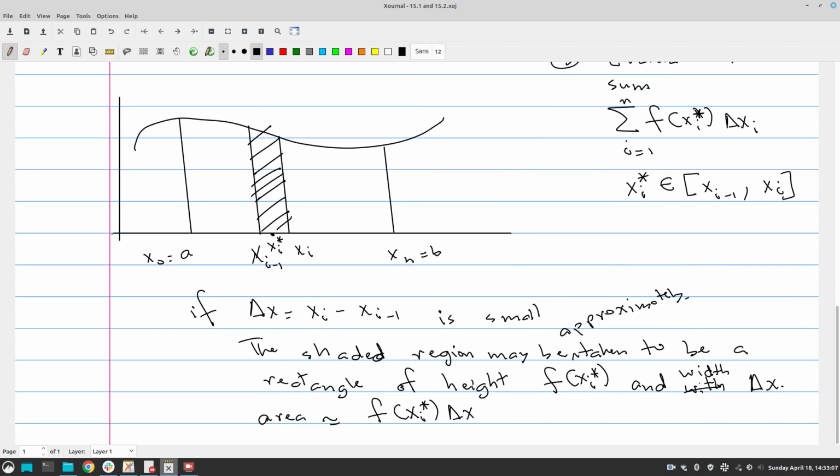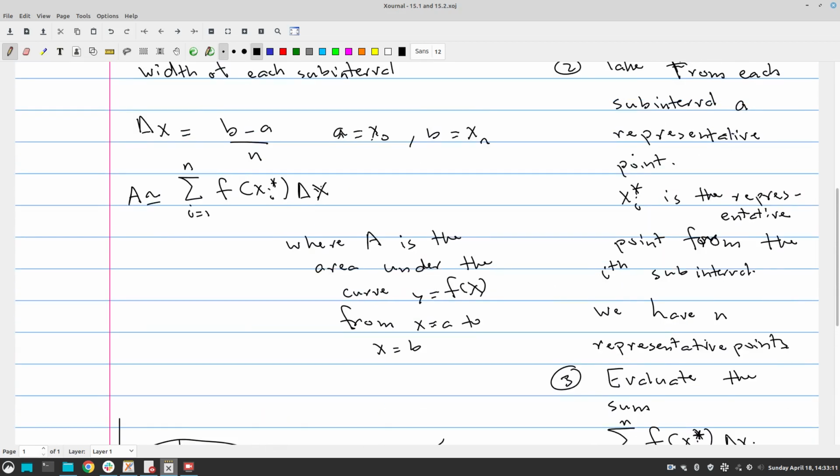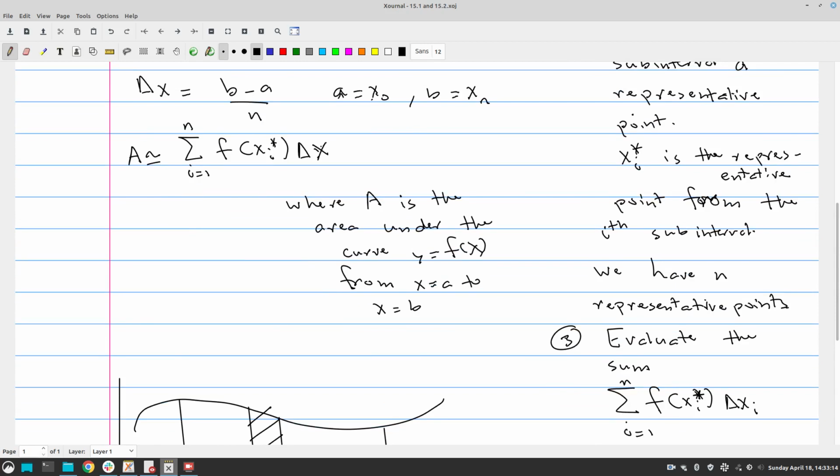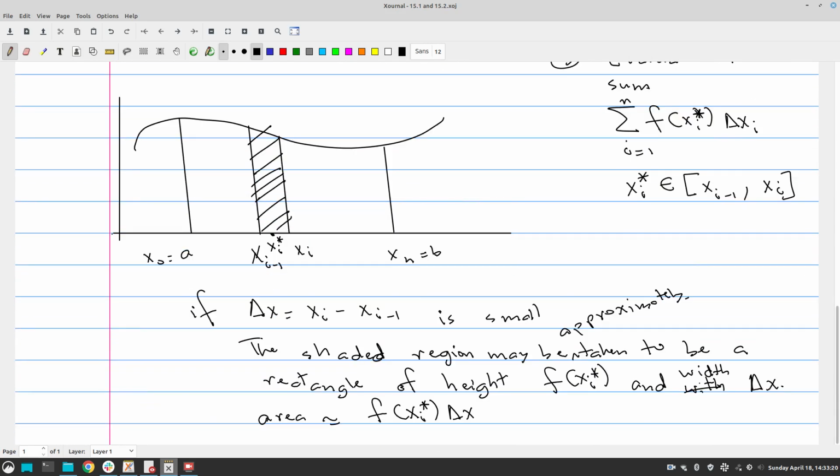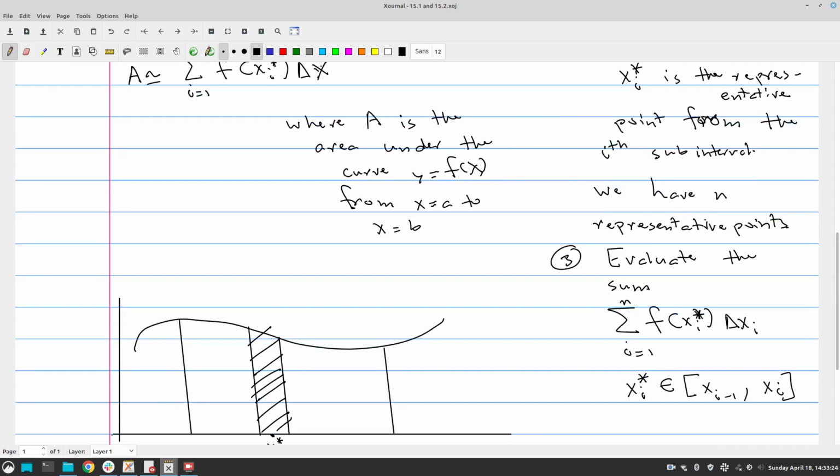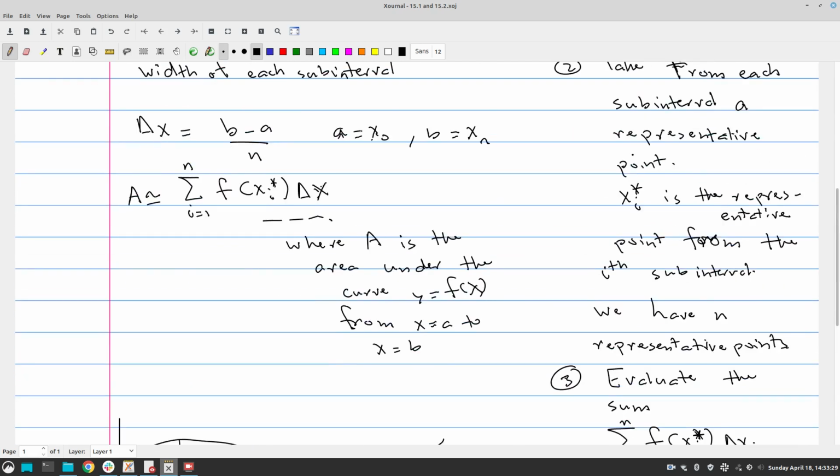Now you add all of these terms and you get this summation, this formula for the area, and this is what is known as a Riemann sum.